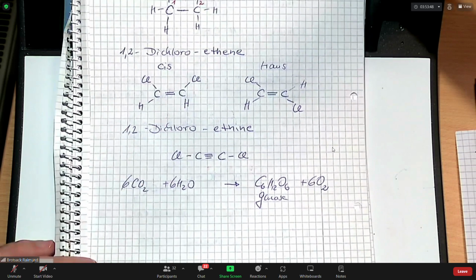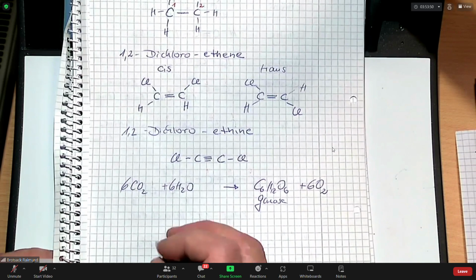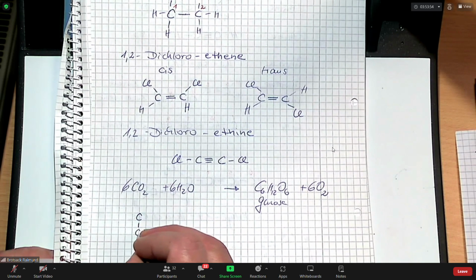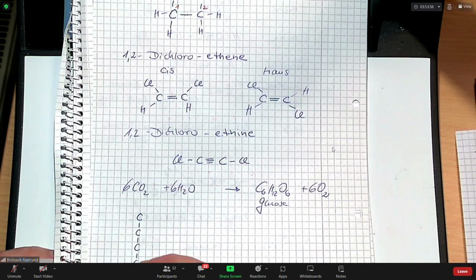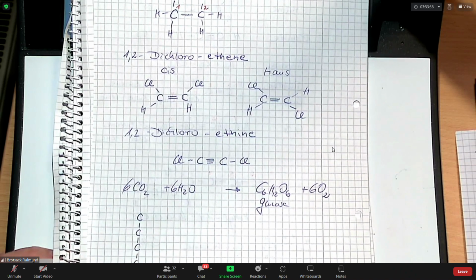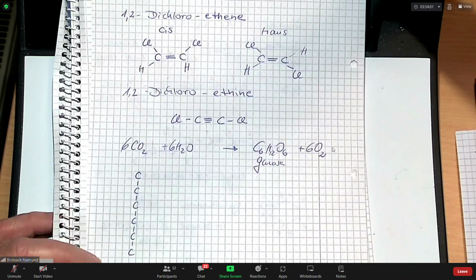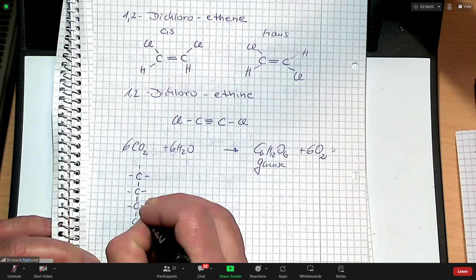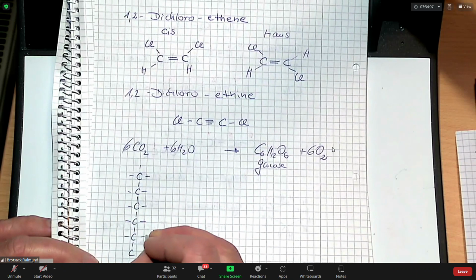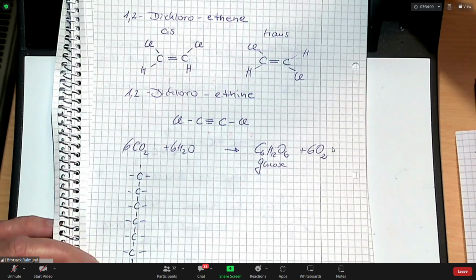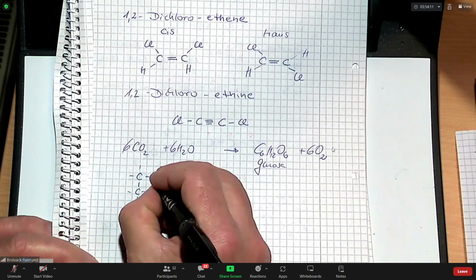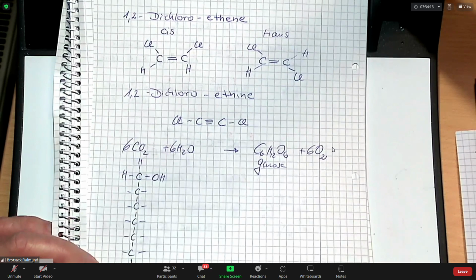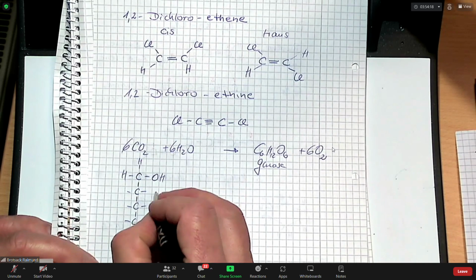The linear structure I like to draw is C6, with carbons 1, 2, 3, 4, 5, 6, and the other atoms fixed to the carbons. We have OH groups here, so that is a polyalcohol.